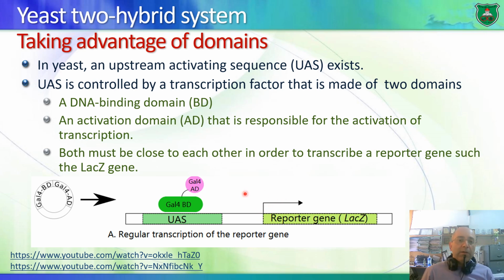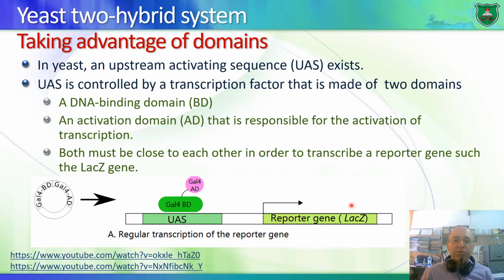Now, using genetic engineering and recombinant DNA technology, we have special yeast cells that have a reporter gene under the control of the UAS system and the GAL4 transcription factor.